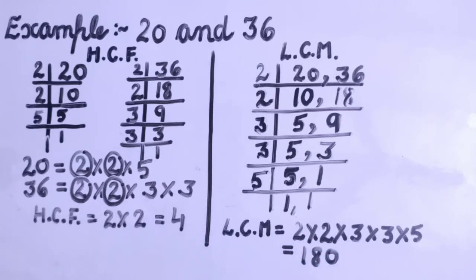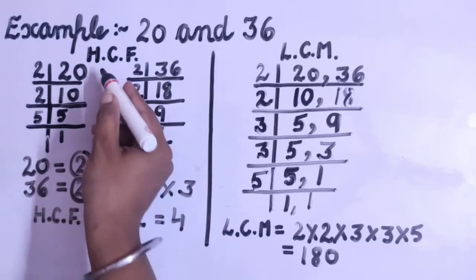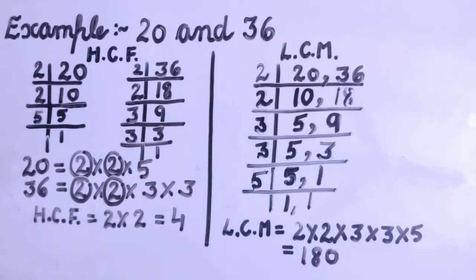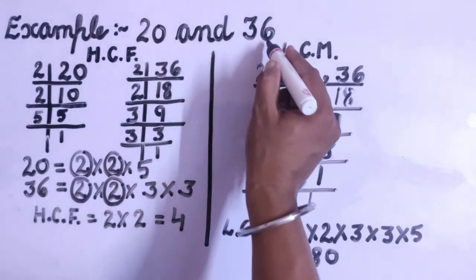Now students, when we are finding out the relationship between HCF and LCM, first step is we have to find out HCF and LCM. Second step is, now we will find out the product of the given numbers.